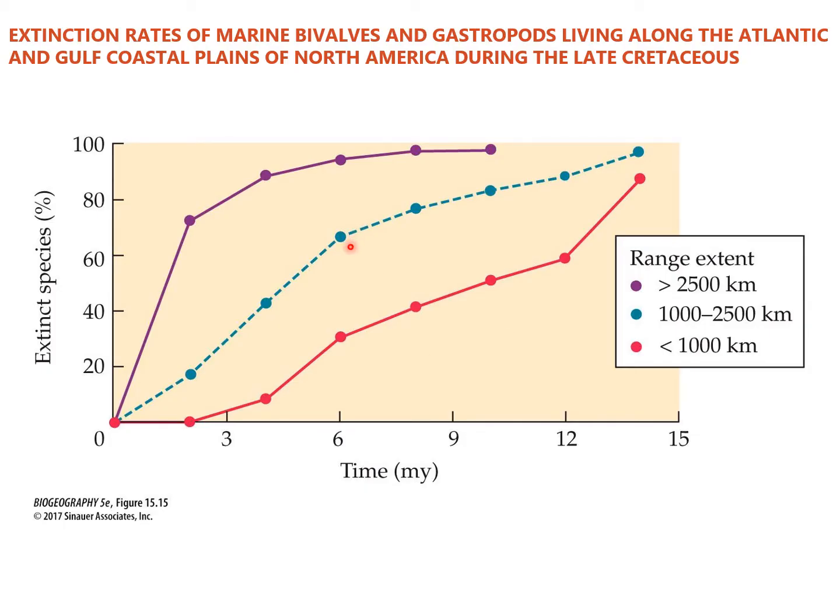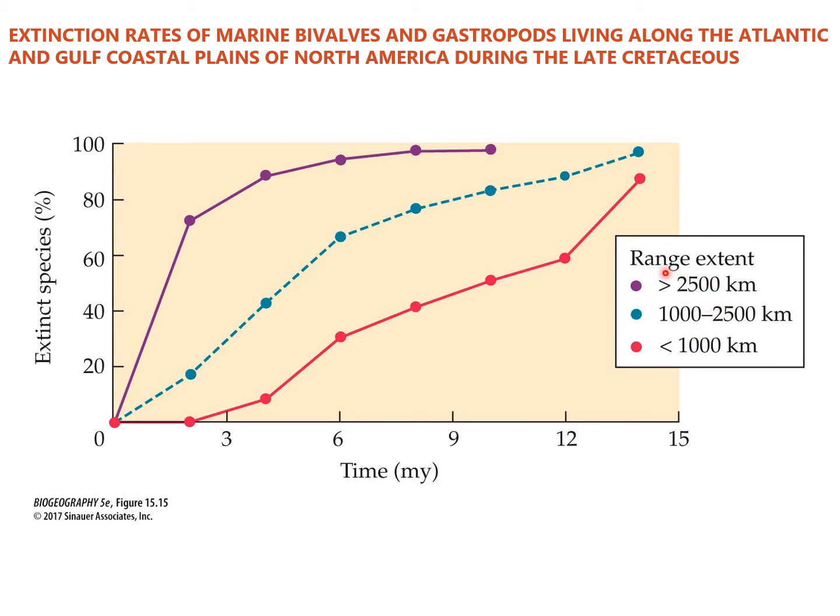One of those is the geographic range. So here we're seeing the extinction rates of marine bivalves and gastropods along the Atlantic and Gulf coastal plains of North America during the late Cretaceous. And what we can see is that extinction, obviously this isn't necessarily related to humans, but just extinction rate in general. We can see that the extinction rate is altered depending on the range extent or the size of the geographic range.